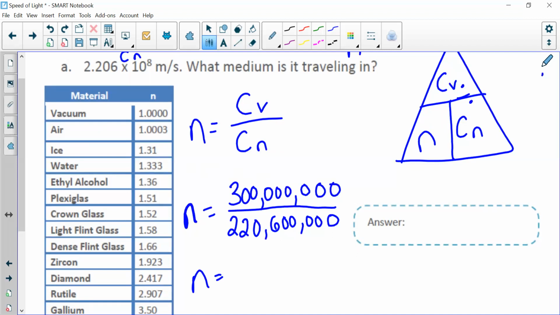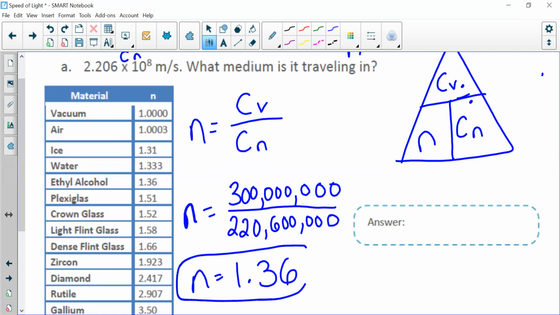Anyone get the optical density? You're going to want it as a decimal because that's going to be easiest for comparing. I got 1.359927471. Very good. So I'm going to round it. Go ahead, Kira.